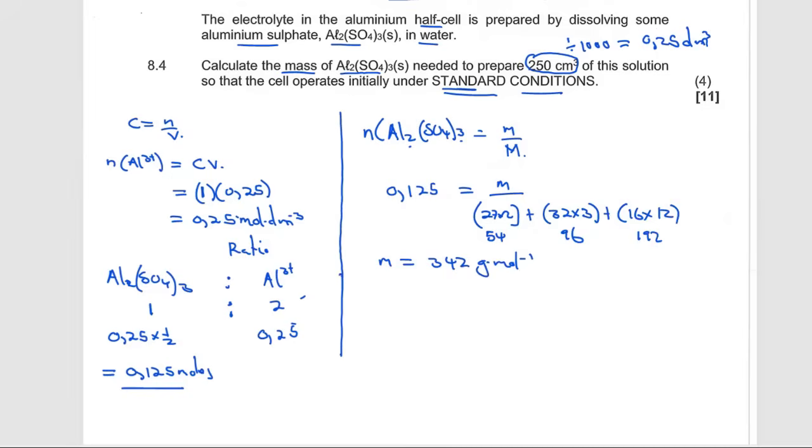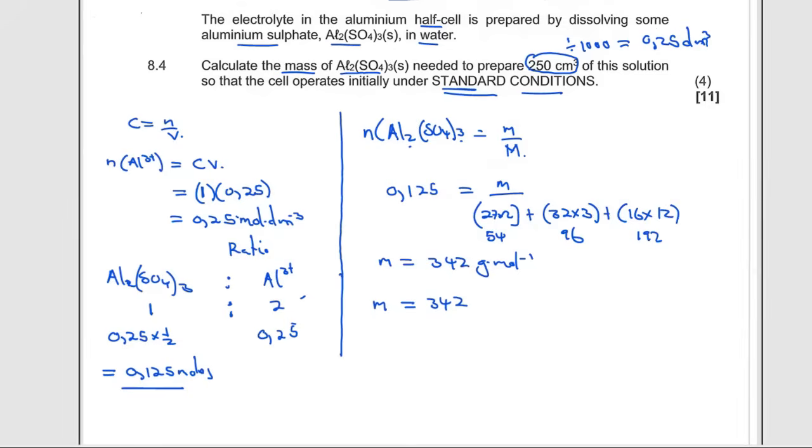Now I can proceed to multiply this molar mass by that one, remember we're still at the top, so I'm going to cross multiply. So our mass is equivalent to 342 multiplied by 0.125.